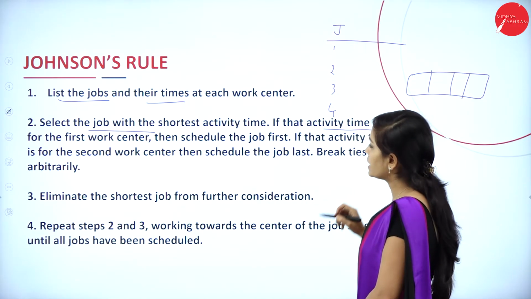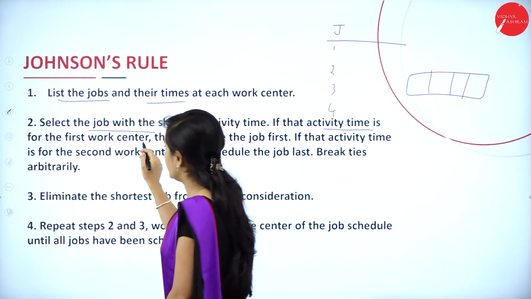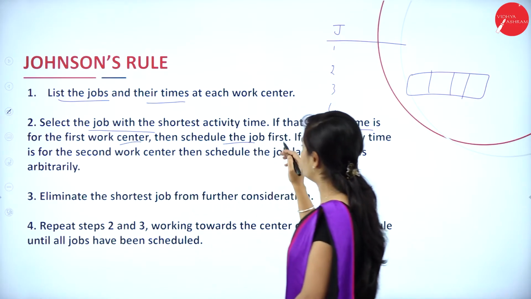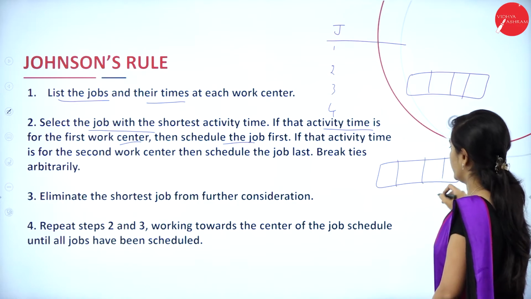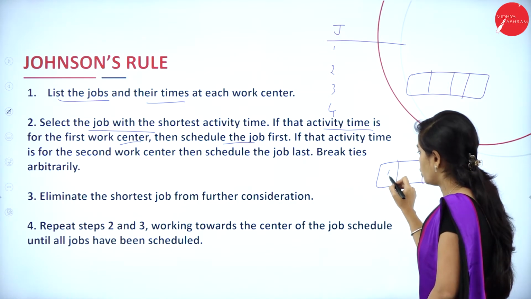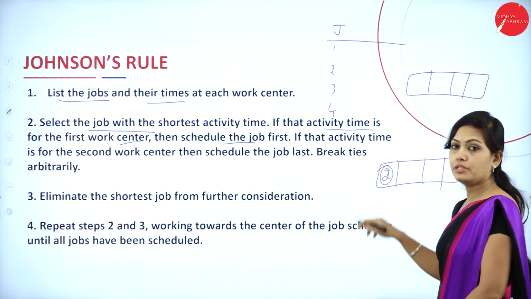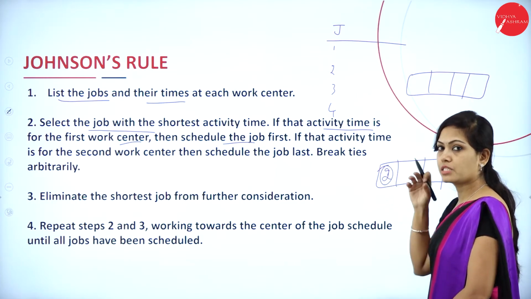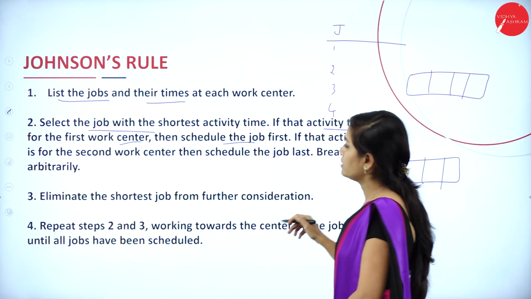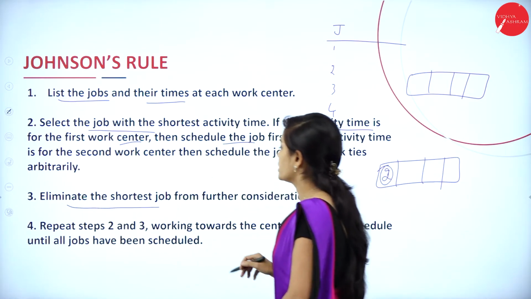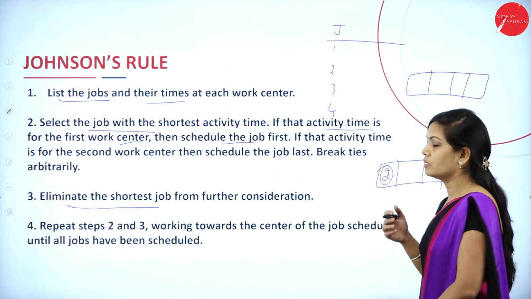If that activity time is for the first work center, then schedule the job first. If the activity comes from the first center, you just schedule the job. Example, if job 2's processing time is the minimum, you can schedule that job. And eliminate the shortest job from further consideration.